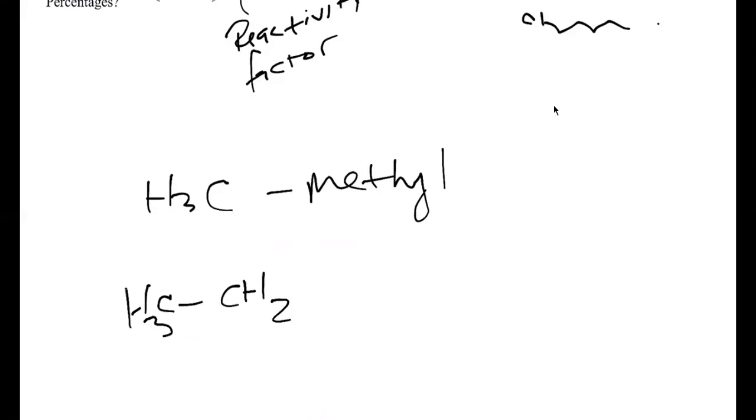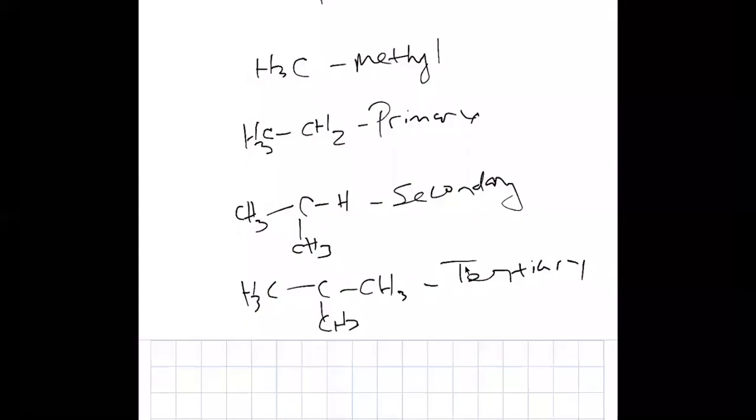Hold up. All right, so methyl, primary, secondary. Let me highlight the carbon we're talking about. So we're talking about this carbon right here. All right, so methyl, primary, secondary, and tertiary.